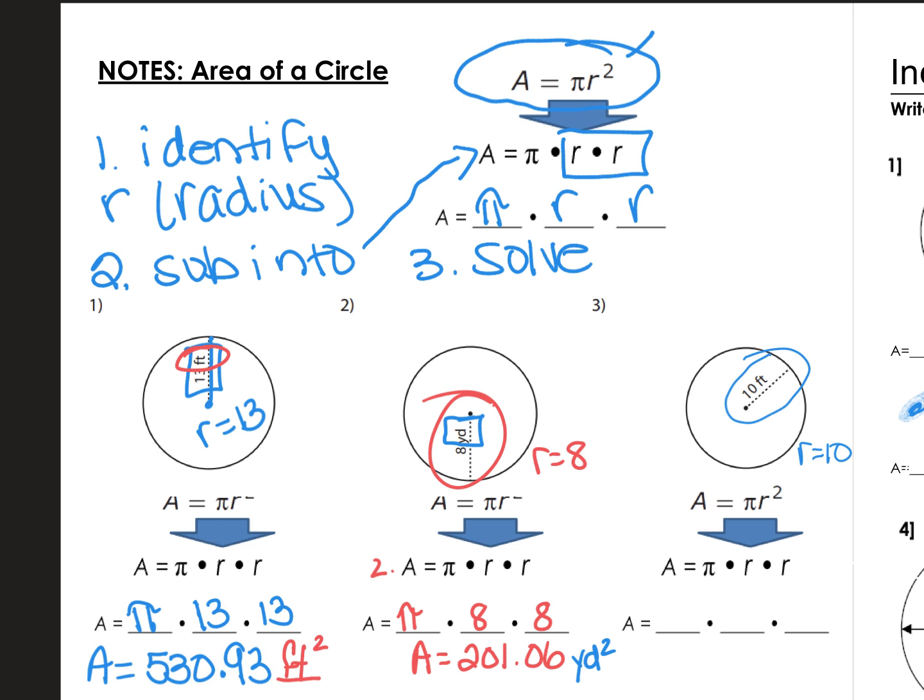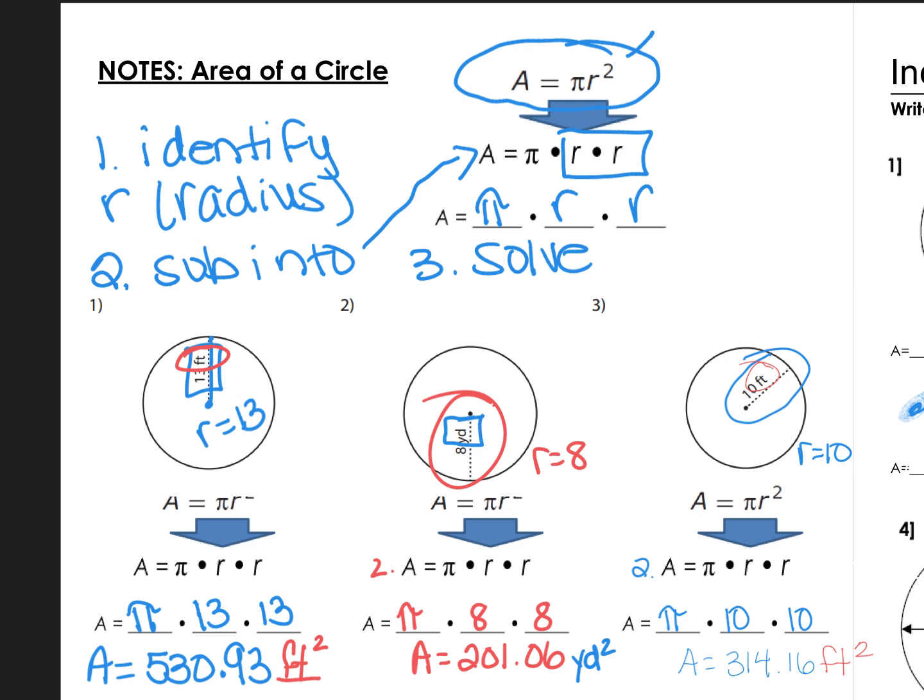Now, second step, I'm going to plug this into my formula and put it into my Desmos calculator so I can solve it. I'm going to type in my pi key and then 10 times 10. And I'm going to round this to the nearest hundredth. So I have my area. I got 314.16. And this is in feet, so it's going to be feet squared. How did you do? Congratulate yourself. I know you did amazing.